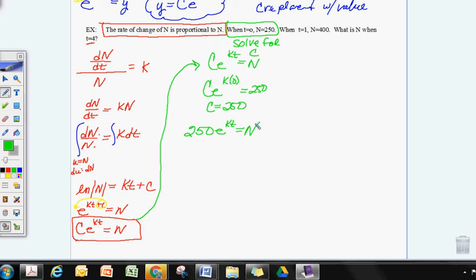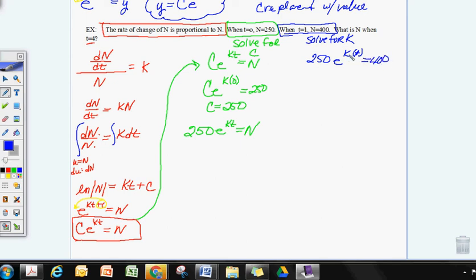Okay, third part of my equation. Now, when t equals 1, N equals 400, so I can solve for k. And this is the order that you have to do this in. So 250 e raised to the k times 1 would equal 400.